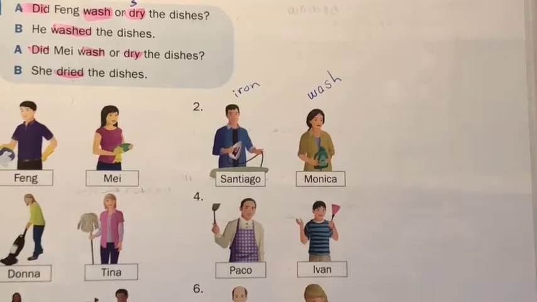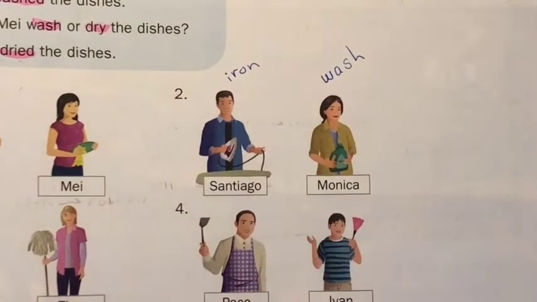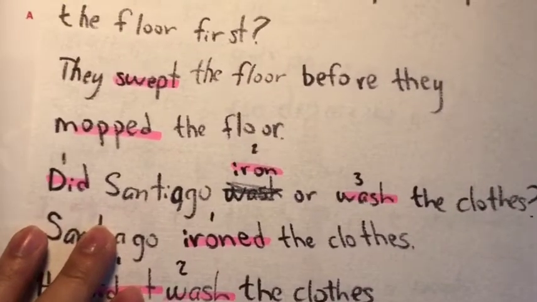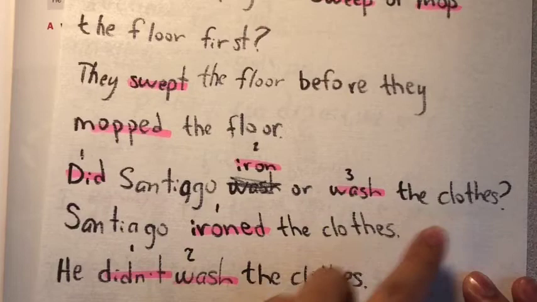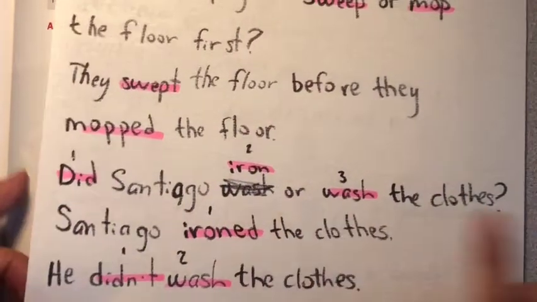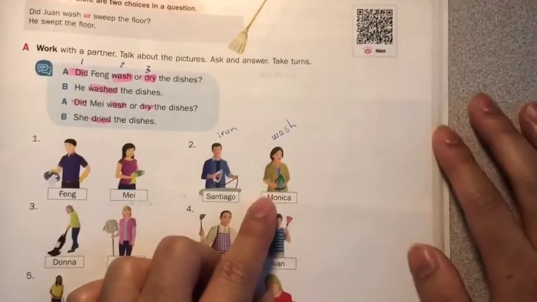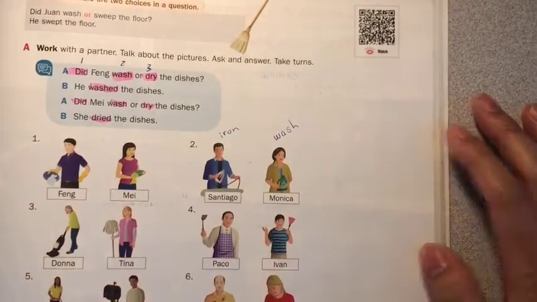Okay, so now let's talk about Monica. So, did Monica iron or wash the clothes? Did Monica iron or wash the clothes? She washed the clothes.